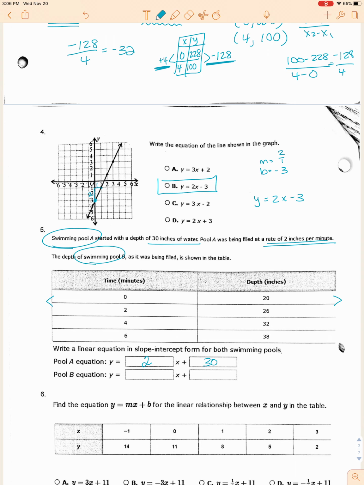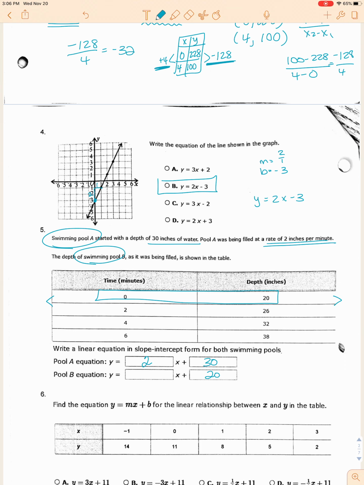Pool B, I'm now looking at the table, and in order to find the y-intercept in a table, I am looking for where x is 0. That's my start point, and where x is 0 in this case, my depth in inches is 20. So there's 20 inches of water in the pool when it starts to fill up.